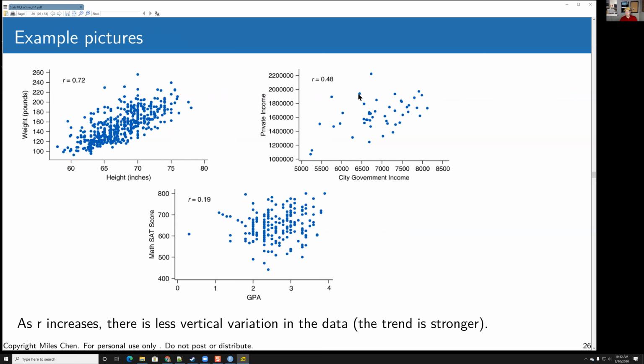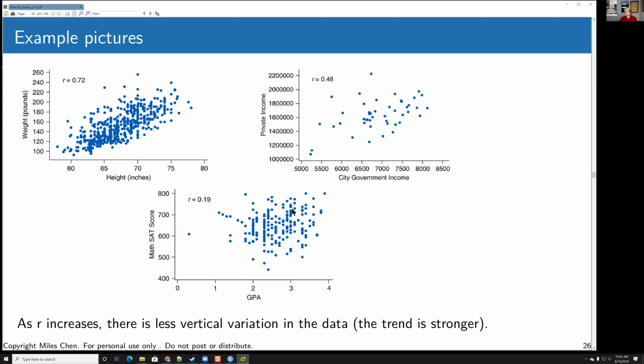If I did not see this number, r equal to 0.19, I would have a hard time guessing what the correlation is. I wouldn't even be sure I would identify this as a positive trend. When you have R's that are less than 0.2, even less than 0.3, that indicates a fairly weak relationship.